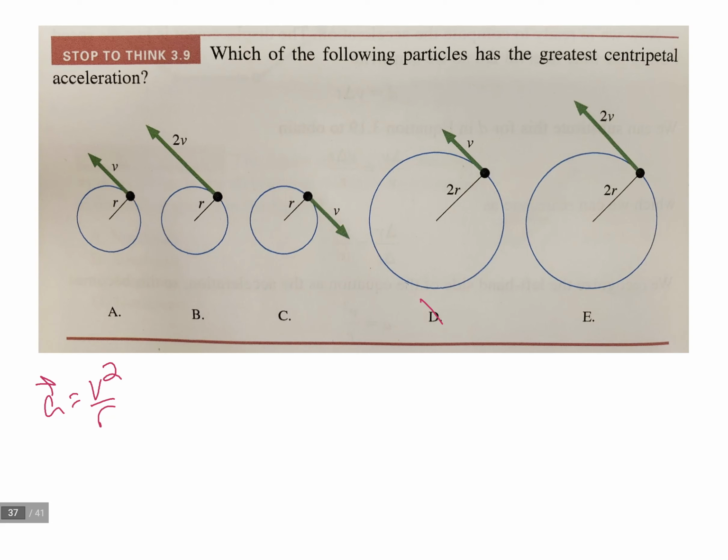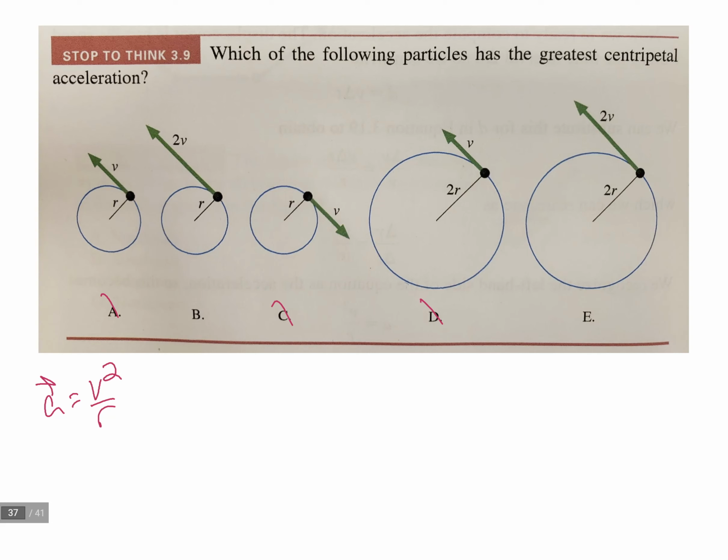And because they all have the same radius, we're looking at which one is moving the fastest, because A and C both have the same V, and B has a faster V, 2V, instead of just 1V. B must be moving faster than A and C.